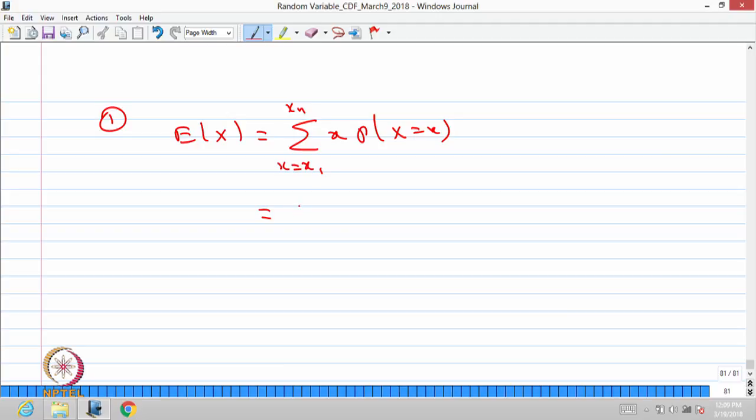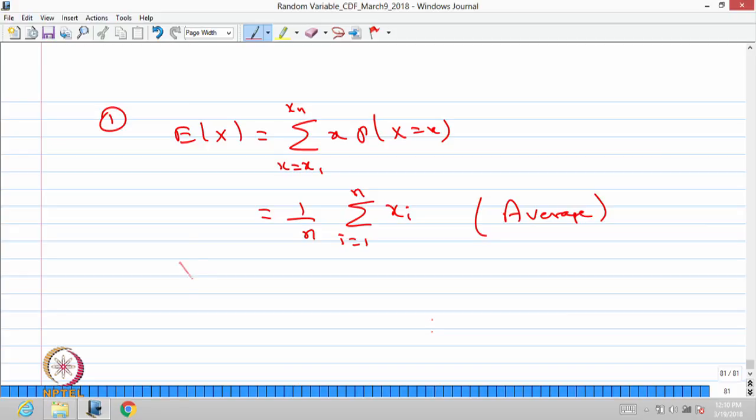Therefore, the 1 by n can be taken outside and you add all the values, i is equal to 1 to n. So the expectation is the sum of those values multiplied by 1 by n, which is nothing but the average. Whenever the random variable is discrete uniform, the mean or expectation is the same as the average.